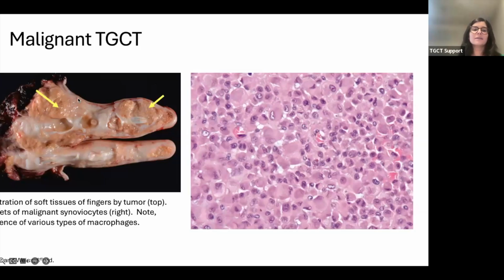And once we look at the tumor cells histologically, again, you're not seeing any of those macrophages or any of those giant cells. They've all been pushed out because what we have is a proliferation of your neoplastic synovial cells. And in contrast to what we saw previously, these are very, very large and have what we call nuclear atypia. So their nuclei just look, frankly, malignant.